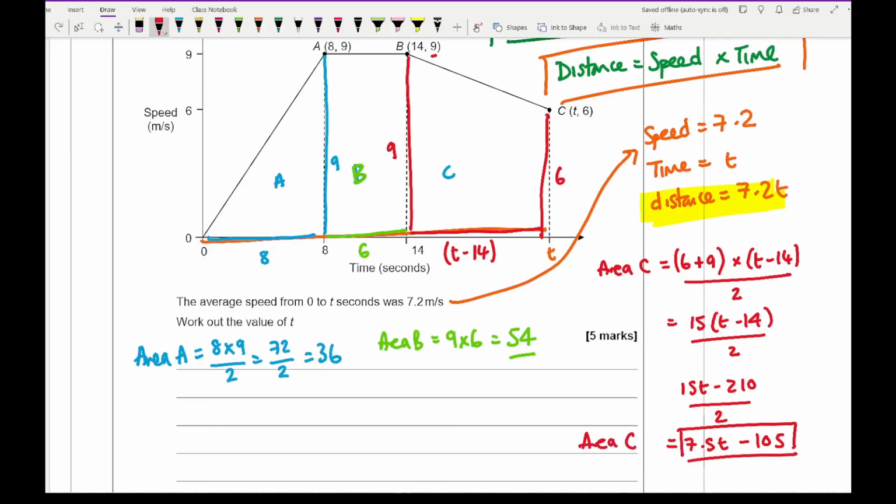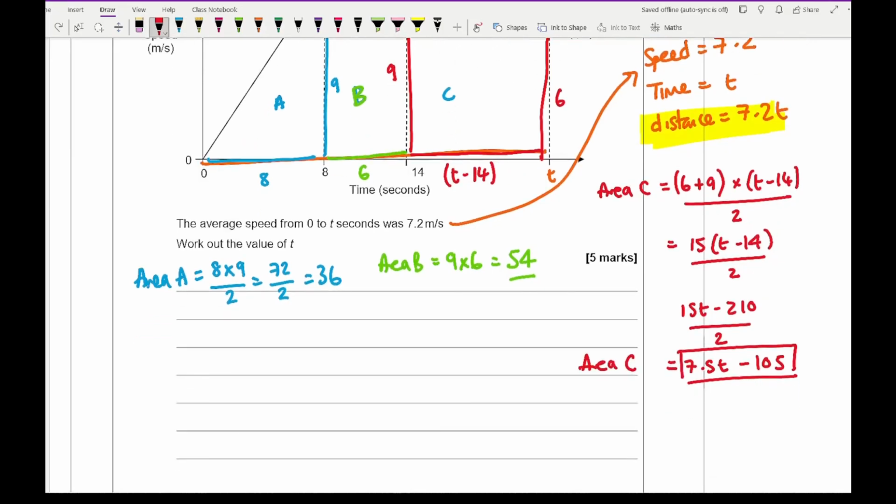So then the total distance, and let me choose a different colour. So the total distance by looking at the area under the line is going to be equal to 36 plus 54 plus 7.5t minus 105.